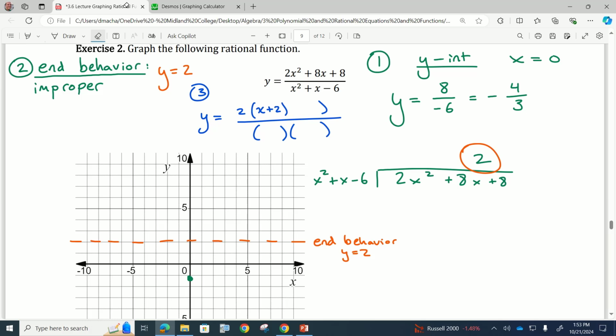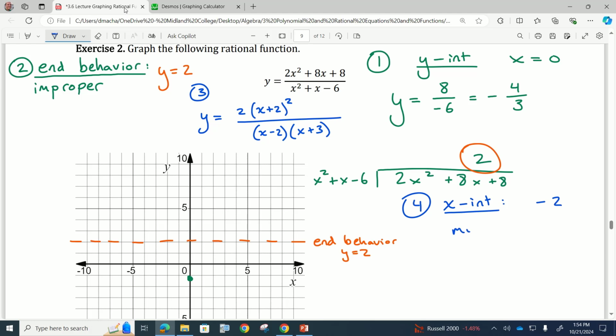I'll just go ahead and write x plus 2 squared. And the denominator factors as, perfect.